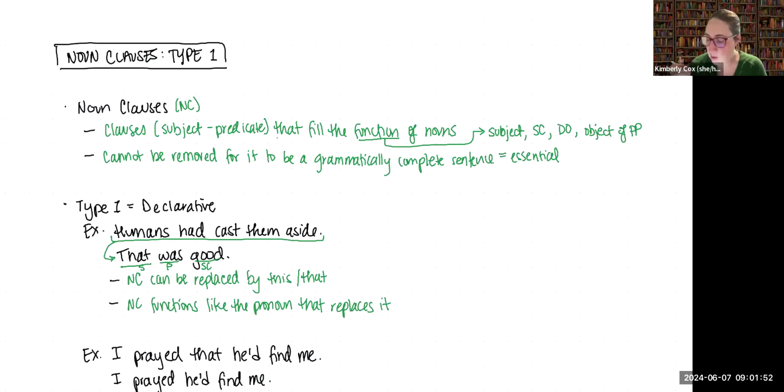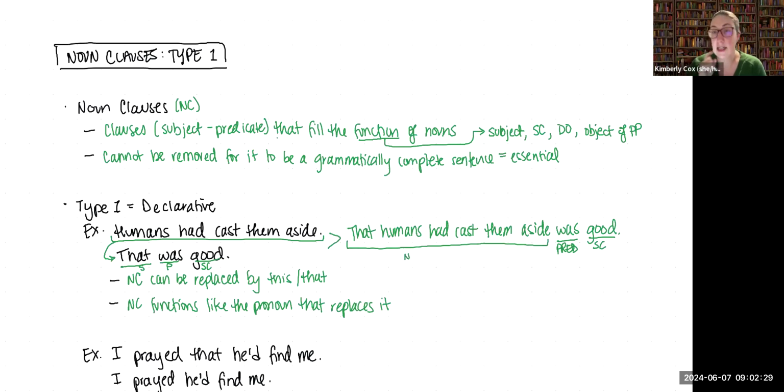So if we do that, we would end up saying that humans had cast them aside was good, right? Our predicate and our subject complement do not change. What transforms here is our noun clause, which functions like the subject.